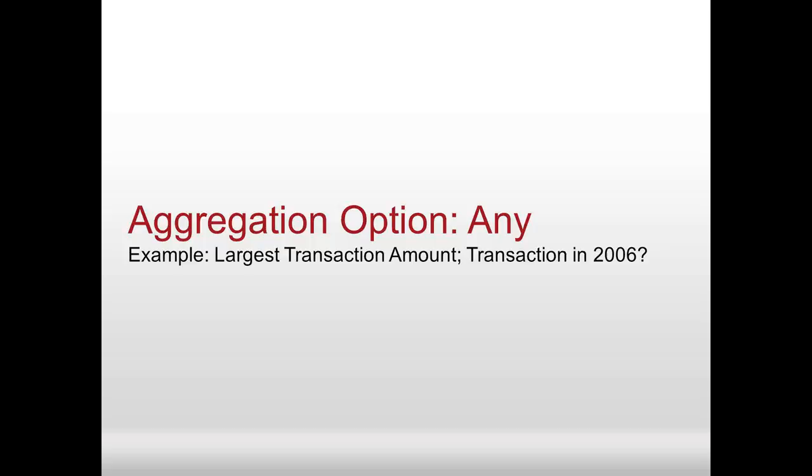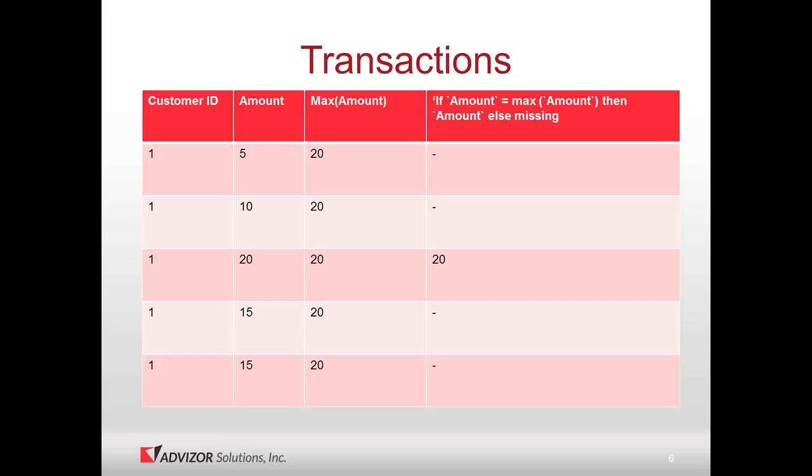Any returns any value from the expression. Since this is a little trickier, let's look at an example in PowerPoint. Here, I have a subset of the transactions table for a particular customer ID, along with their amounts, and 2 other fields that we'll go over as I go through this example.